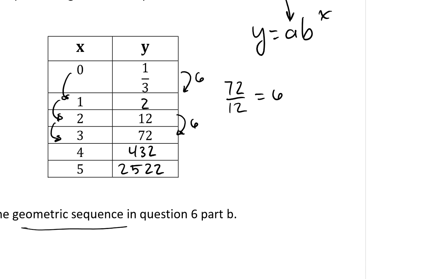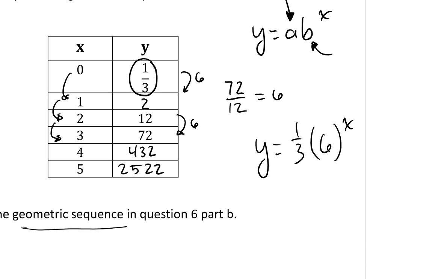This is my 0th term, or my starting value, and you can see I'm starting at 1/3. And this b value here is my multiplier. It's the value I continue to multiply by, and I keep multiplying by 6. So the function should be y equals 1/3 times 6 raised to the x power.